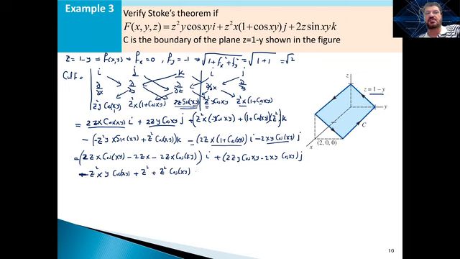So minus with minus is plus z square xy sine xy minus z square cosine xy, and this is actually all k.